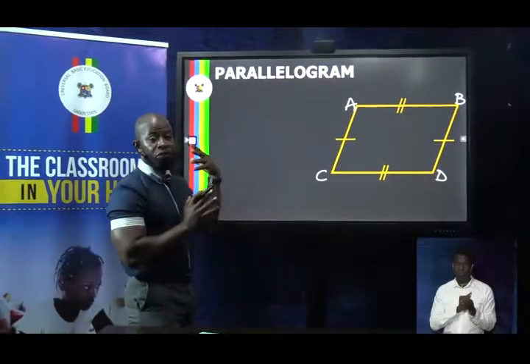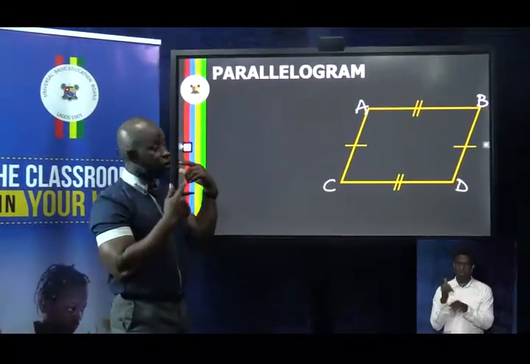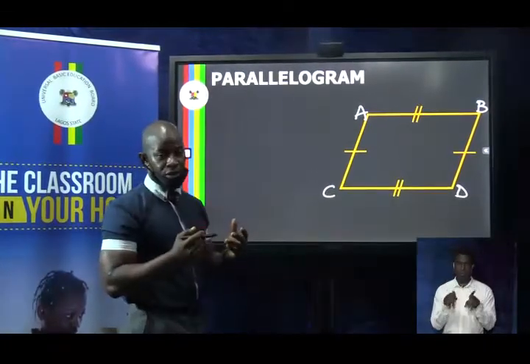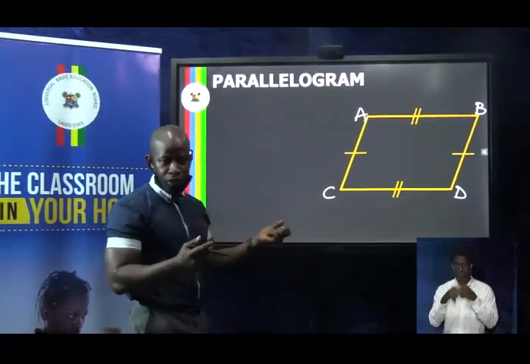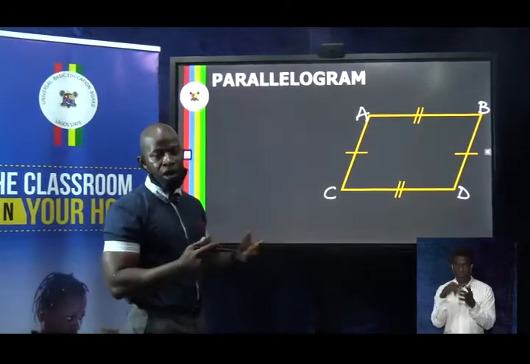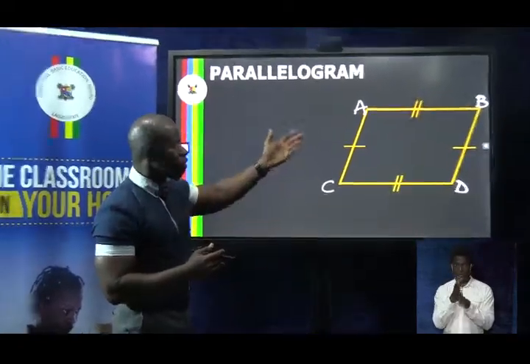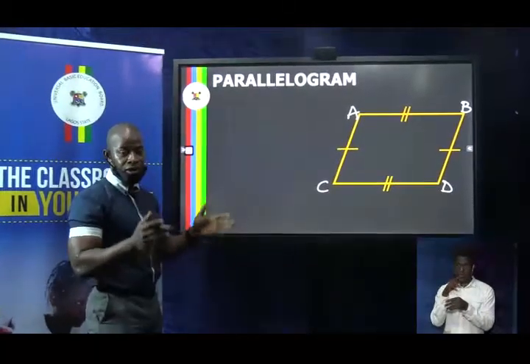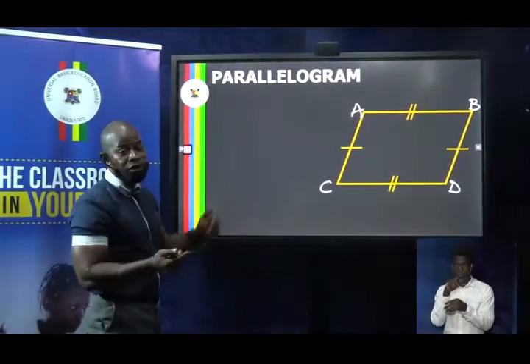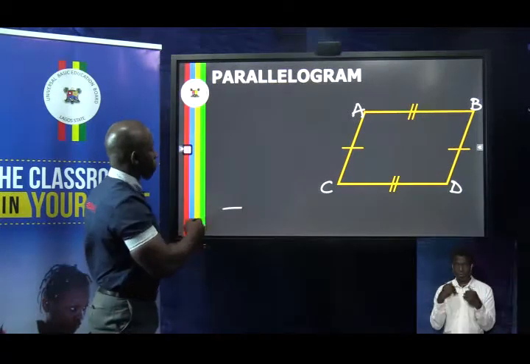If I extend the line further, they will continue to go in the same direction. The distance between them will always be the same. Do you remember the type of lines that hold this property? They are parallel lines. That is why we call it a parallelogram. A parallelogram is a quadrilateral that has parallel sides, so to speak.